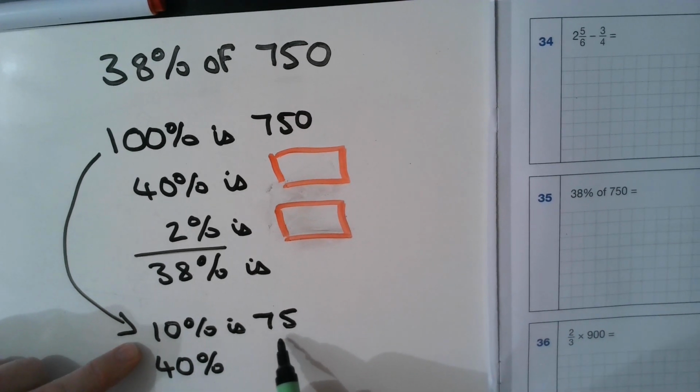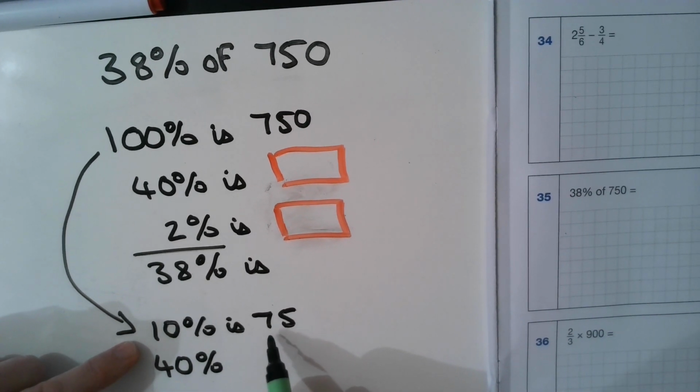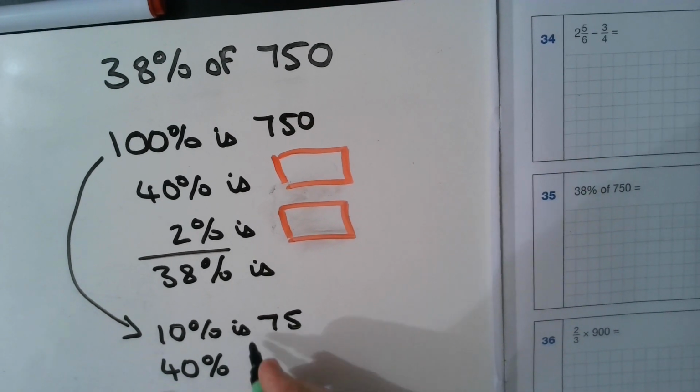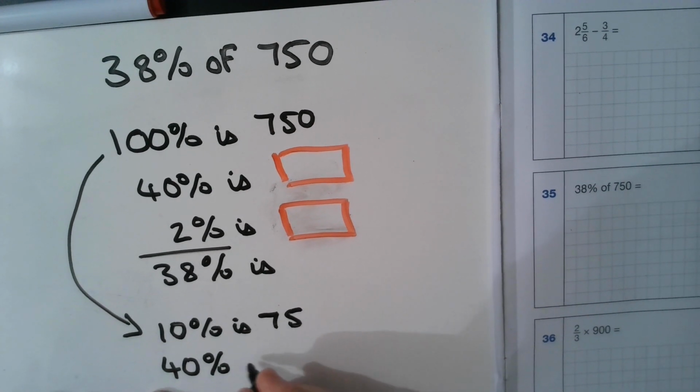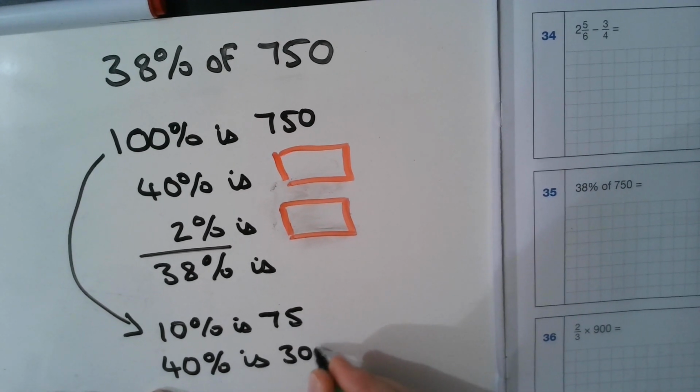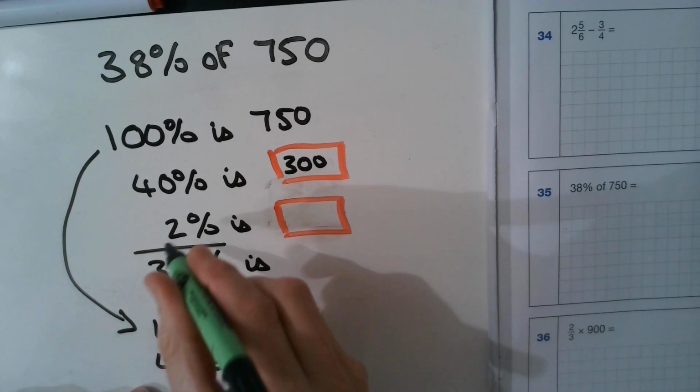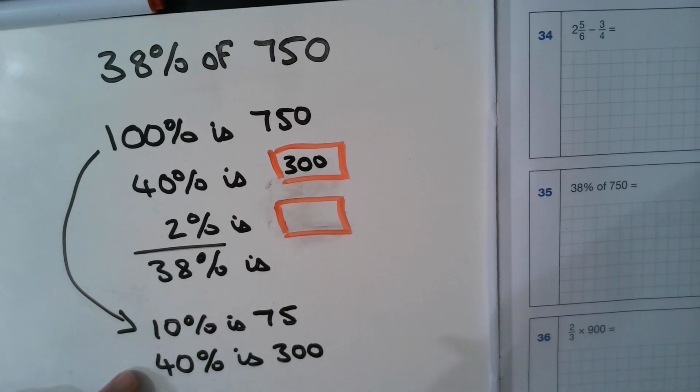So essentially I'm multiplying 75 by 4, but when I multiply something by 4, I like to double it and double it. So double 75 is 150, double 150 is 300, so 40% is 300.